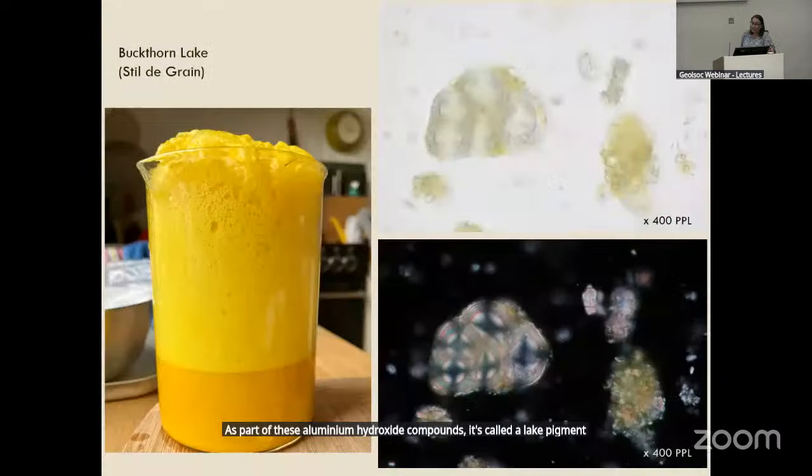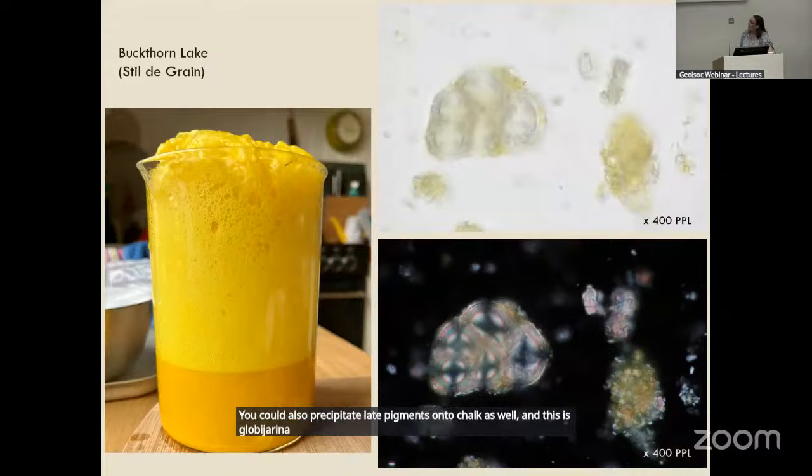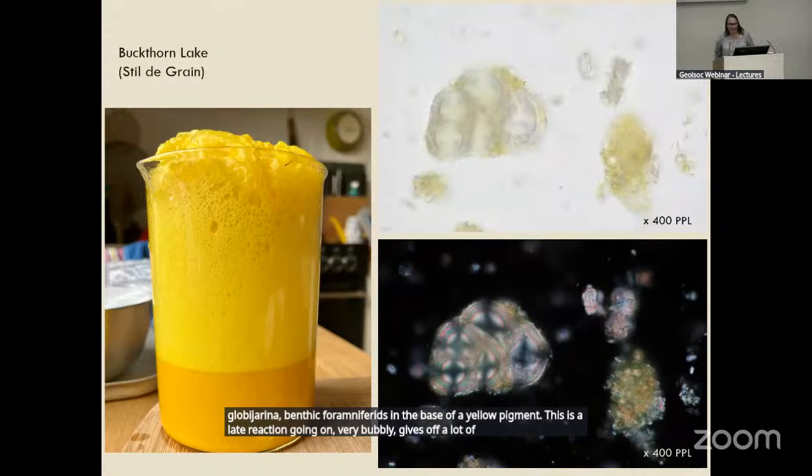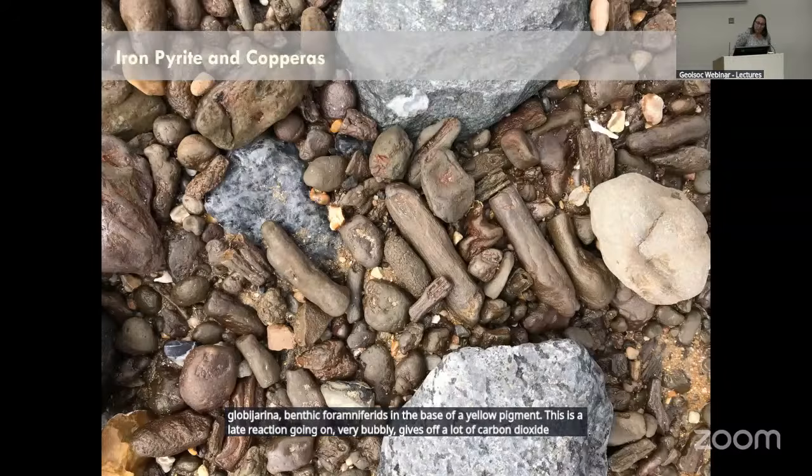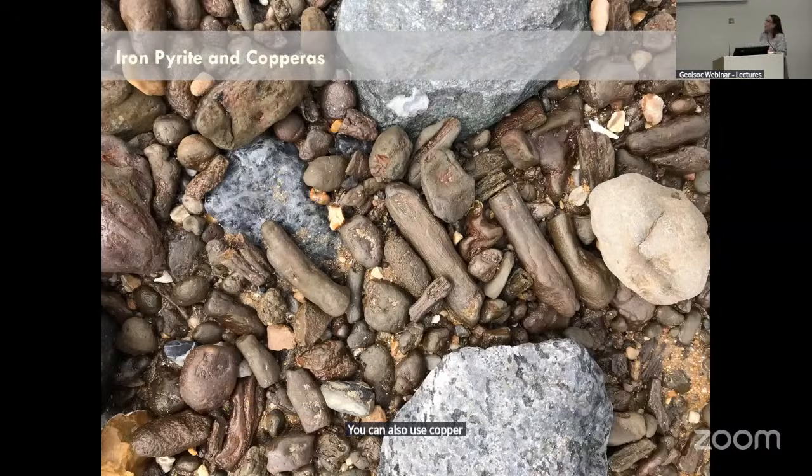You can also precipitate lake pigments onto chalk as well, and this is Globigerina benthic foraminiferas in the base of a yellow pigment. This is a late reaction going on, very bubbly, gives off a lot of carbon dioxide. You can also use Copperas, which is derived from iron pyrites.